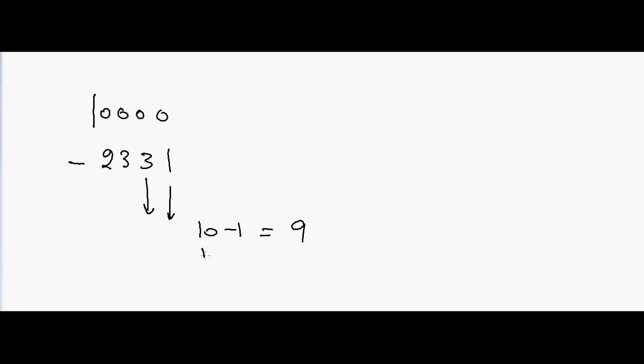The same thing can be done for larger numbers. So suppose I have 10000 and want to subtract 2331 from it. In that case, first I take the 2. So 10 minus 2 is equal to 9... I take the 3, so 9 minus 3 is equal to 6.